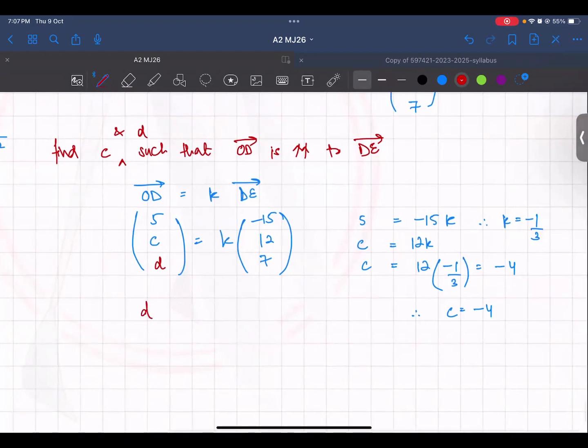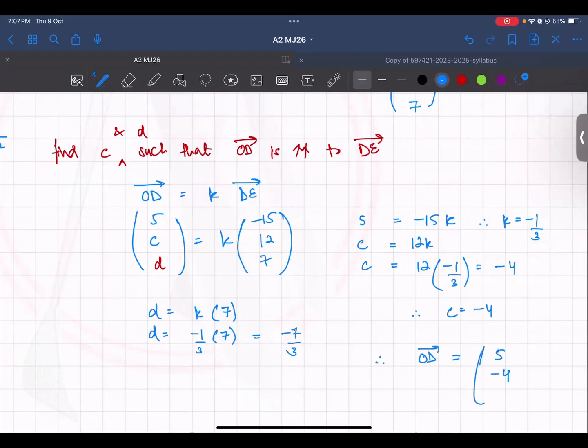D is equal to K times 7. So D will be negative 1 upon 3 times 7, which would be negative 7 upon 3. So this means that your complete vector OD is equal to 5, minus 4, and minus 7 upon 3.